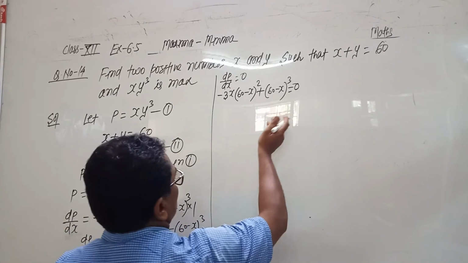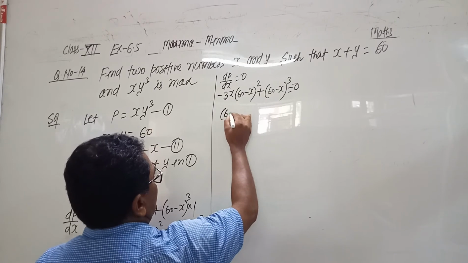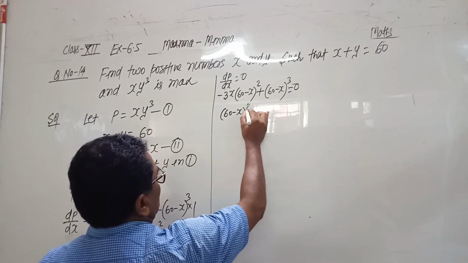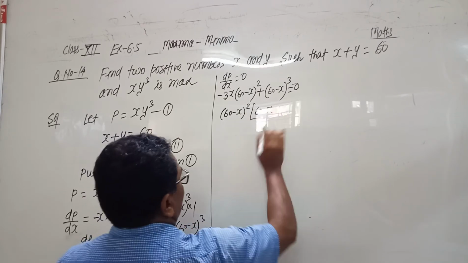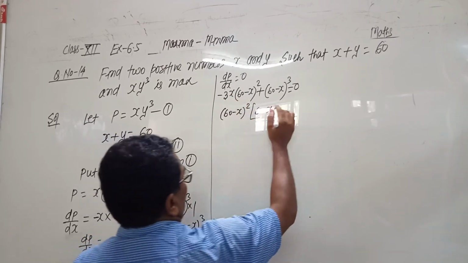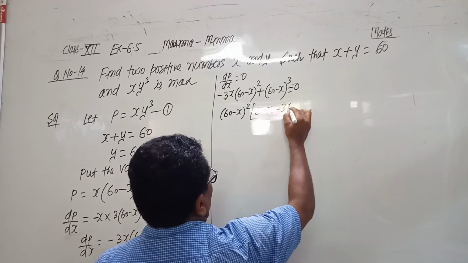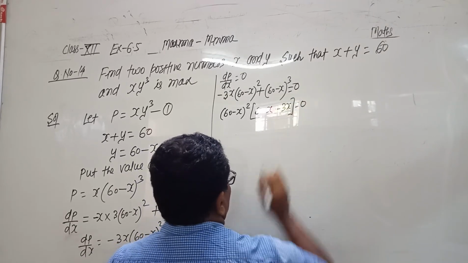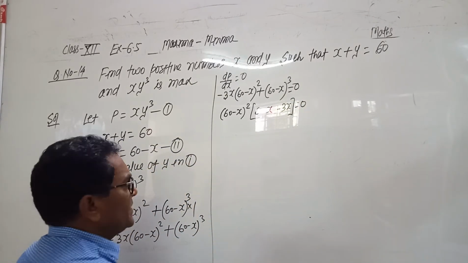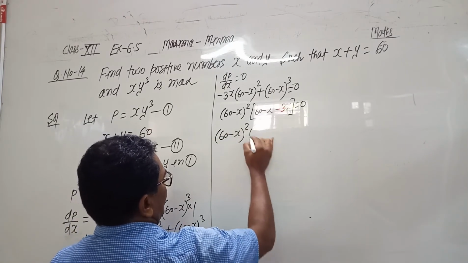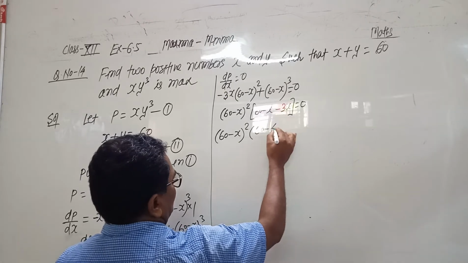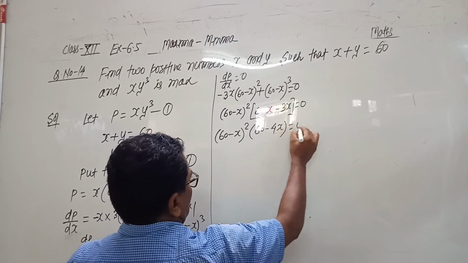From these two terms, 60 minus x the whole square is common. From here we get 60 minus x, and from the other term we get minus 3x equals 0. So it means 60 minus x the whole square times 60 minus 4x equals 0.